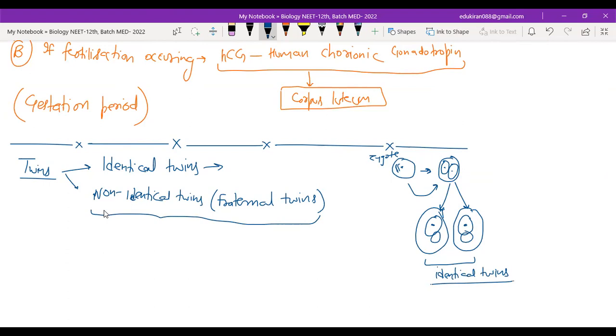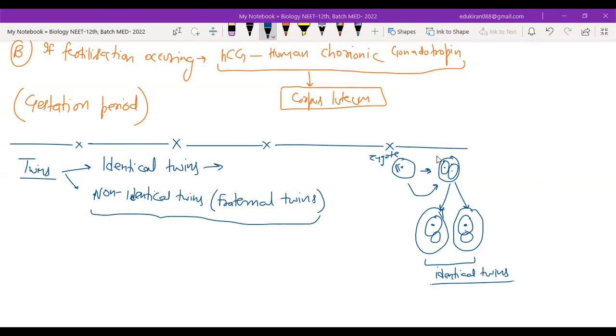Okay. Sir, can it be possible that one ovary is releasing two ova at the same time? Like only one ovary? So you are saying that the right ovary only is choosing two follicles. Yeah. Okay. Because of more hormones.